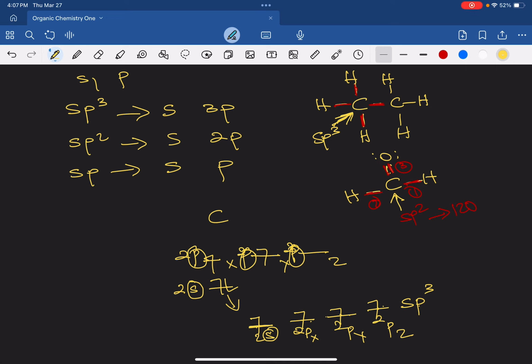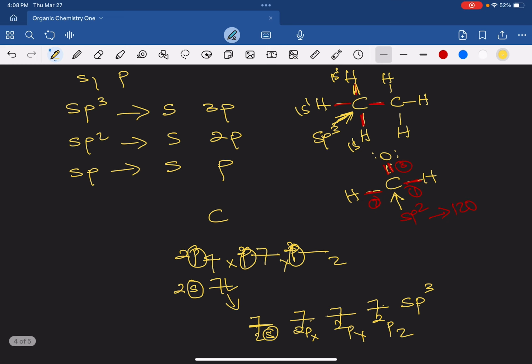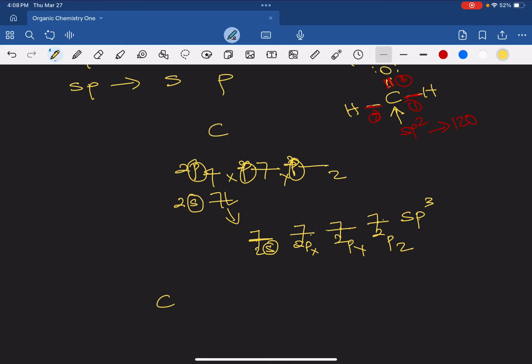And that's what happens, for example, up here. The hydrogen has a 1s1 electron, right? Let me use something simpler for this. So let's say we had this, and we have 1s1, 1s1.